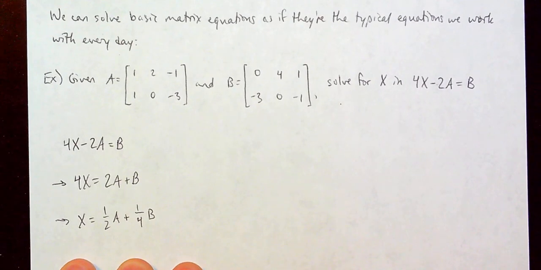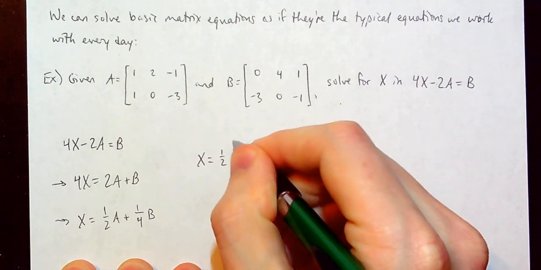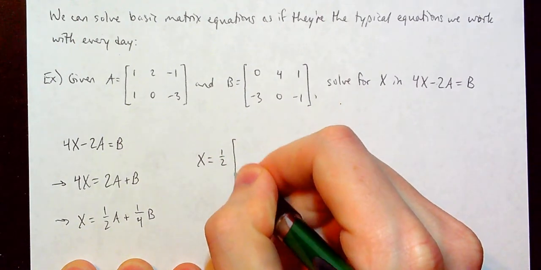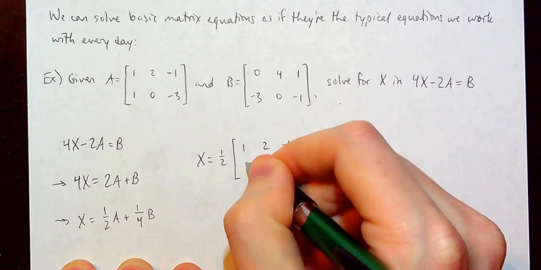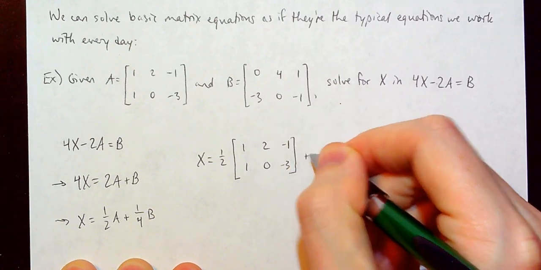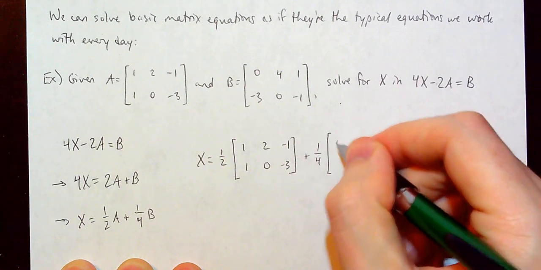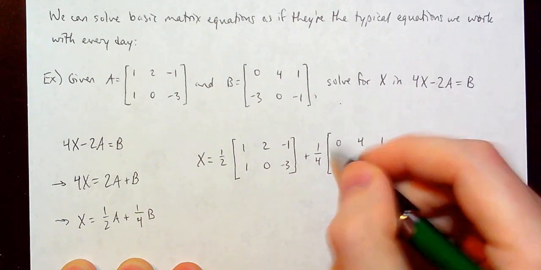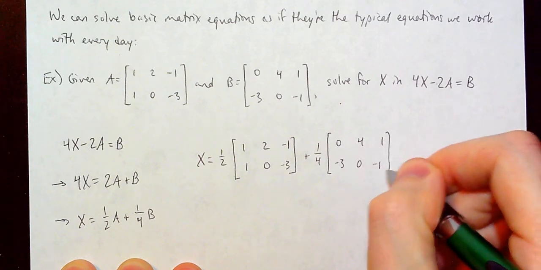So let's actually write out what this matrix X is going to be. It's going to be 1/2 times our matrix 1, 2, -1, 1, 0, -3, and then plus 1/4 times 0, 4, 1, -3, 0, and -1.